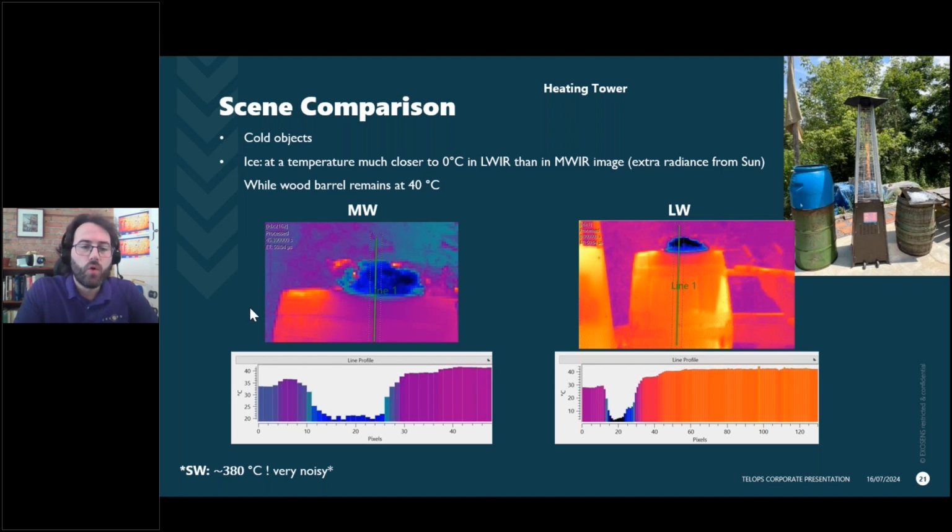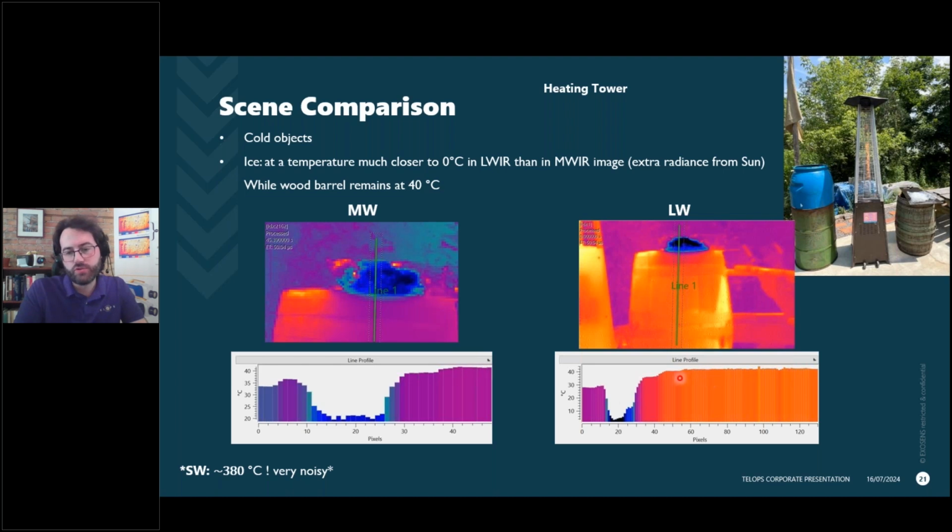When we compare midwave to longwave, then we can see that the temperature in midwave of that block of ice doesn't go to where you'd expect it to go. We go all the way to 20 degrees Celsius, and the barrel underneath is around 40 degrees Celsius. It shows that for low temperatures, midwave really has a hard time with that contrast.